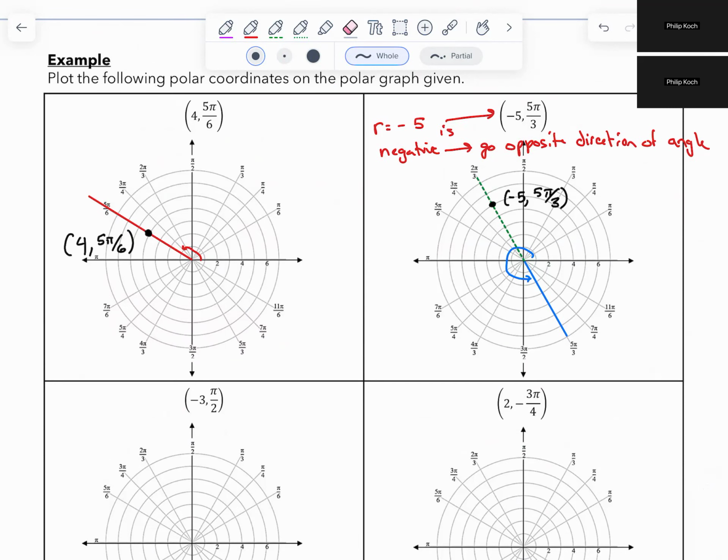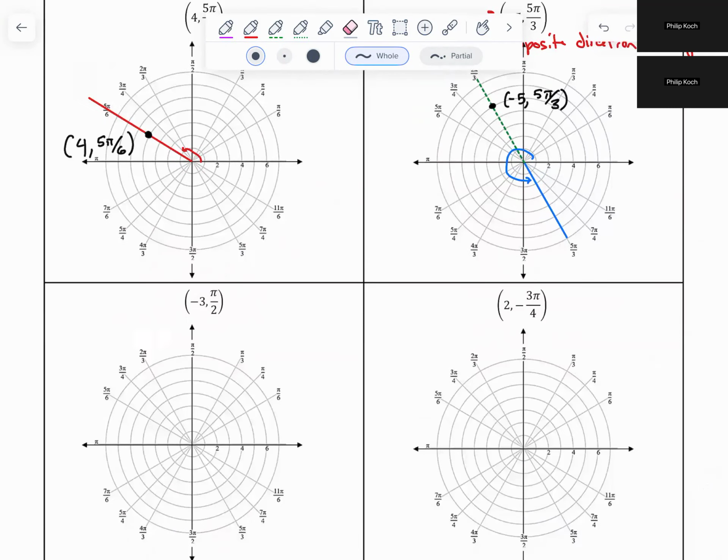-3 comma pi over 2. So once again, the r is -3. R is negative, so go backwards. Pi over 2 is just going to be up to here. There we go.